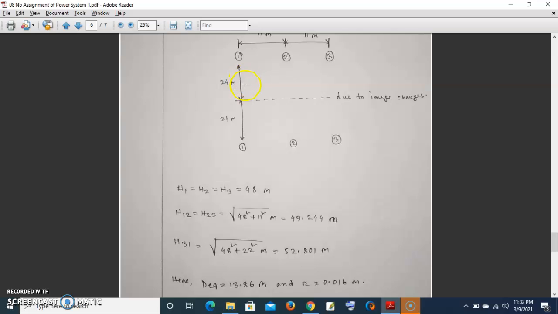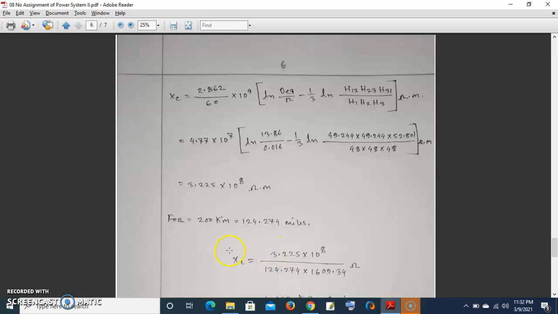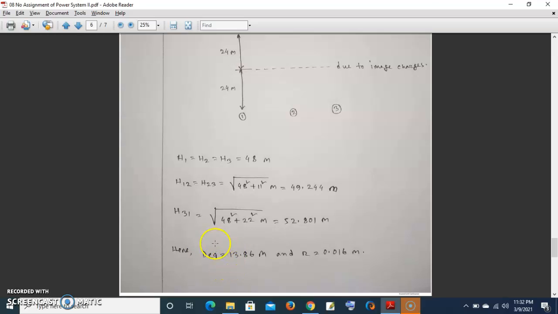And H31, we get root over 48 whole square plus 22 whole square meter equal to 52.801 meter. Hence DEQ, we get D equal to 13.86 meter, and the radius R equal to 0.016 meter.